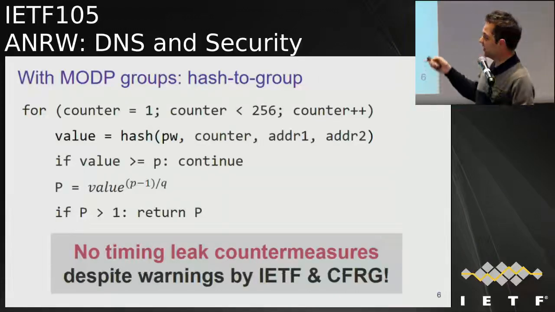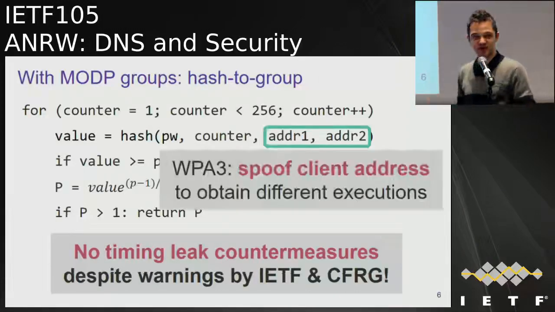And because the identities of the clients are included here, in the case of Wi-Fi, we can spoof another MAC address. We can try to connect with the access point, and then we can see how many iterations it took using another MAC address. Then we can spoof another client, and we can spoof a lot of clients. And each time we can do a timing attack to measure how many iterations this algorithm took to find the group element.